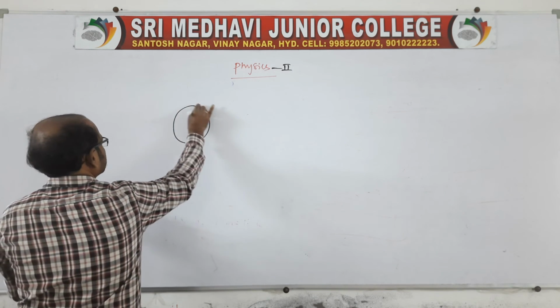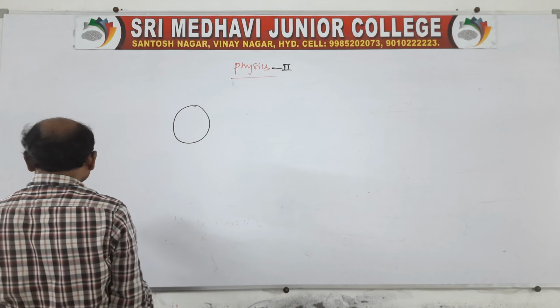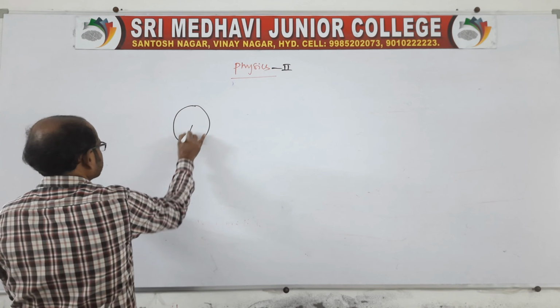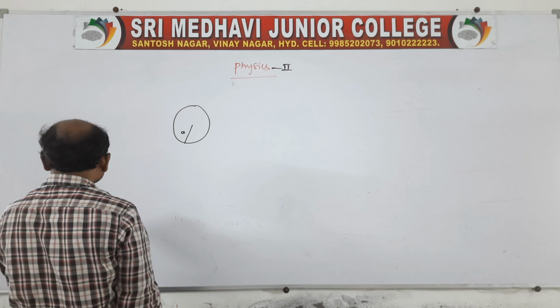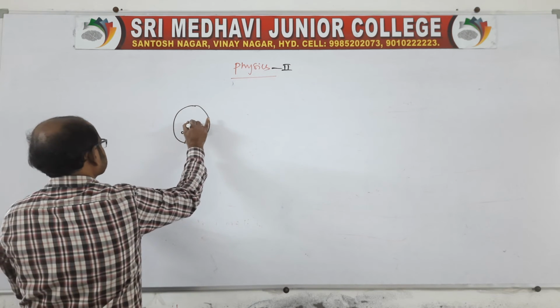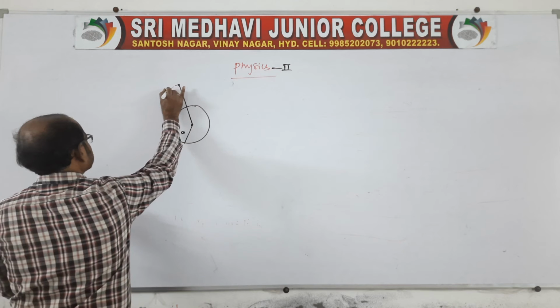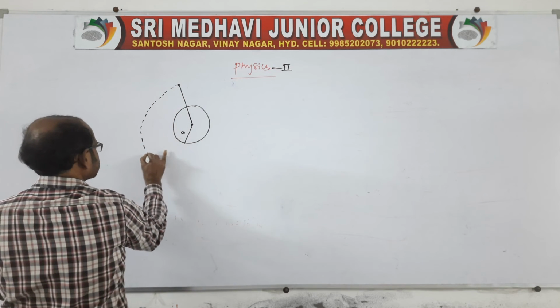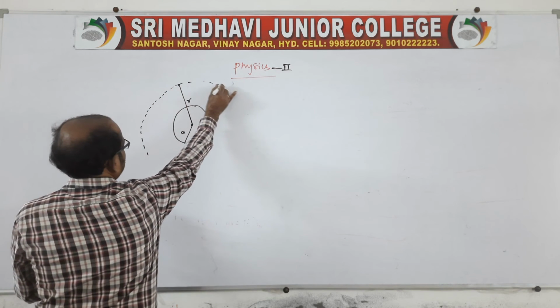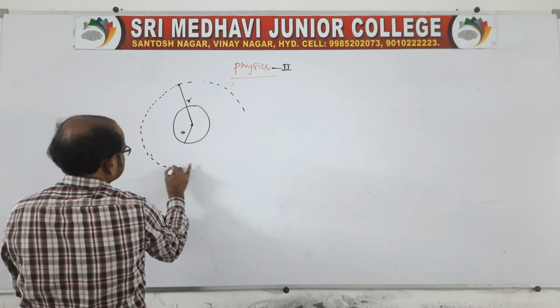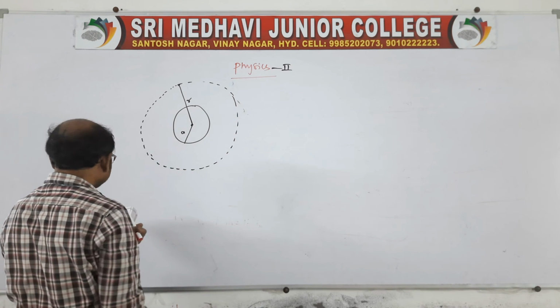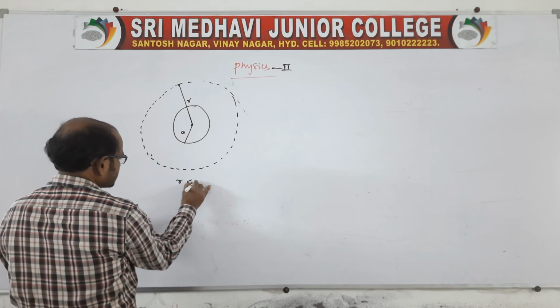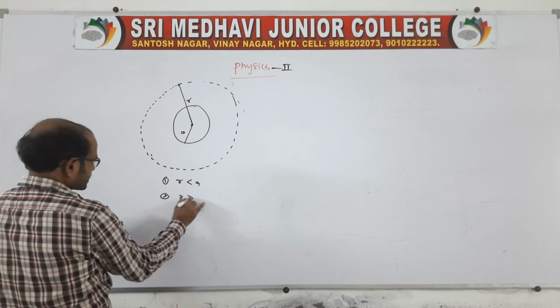There is a circular coil carrying a current I, and the radius of the circular coil is A, and here R is given. So this is the point R. The diagram is showing like this. So it is asking for one case R less than A and one case R greater than A.